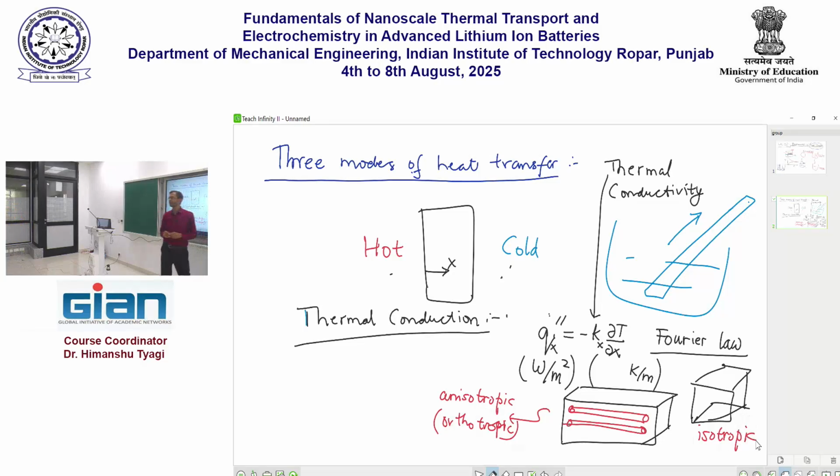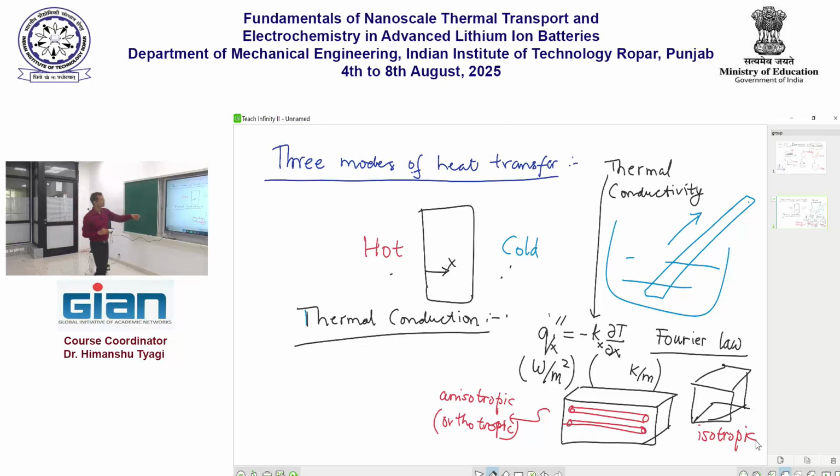The word isotropic means independent of direction. It will happen the same in all three directions. It turns out that heat transfer in lithium ion batteries is highly anisotropic, and we will talk about that in the coming lectures, the reasons behind it and what it means and so on and so forth.